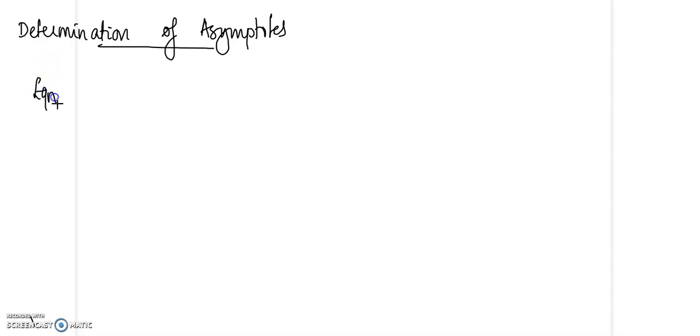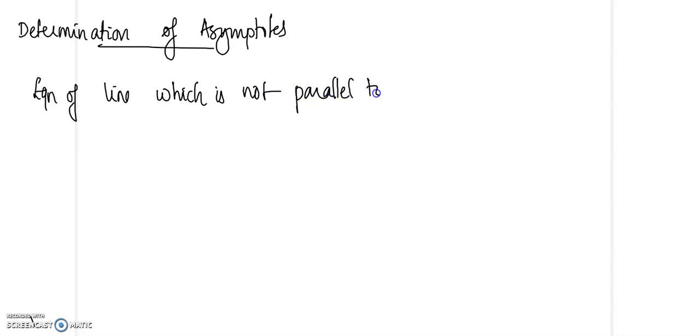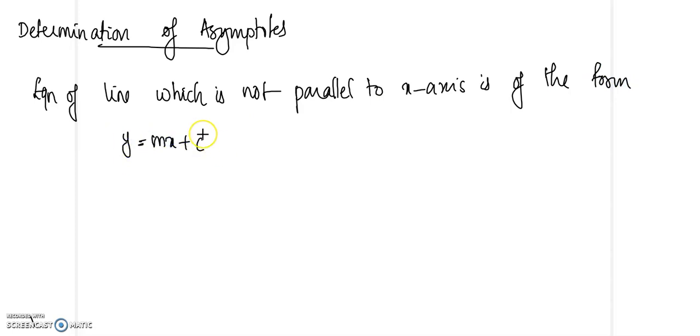So the equation of a line which is not parallel to the x-axis is of the form y equal to mx plus c.